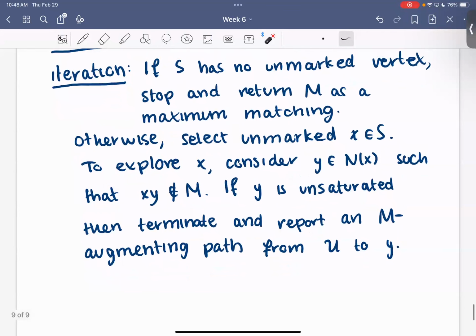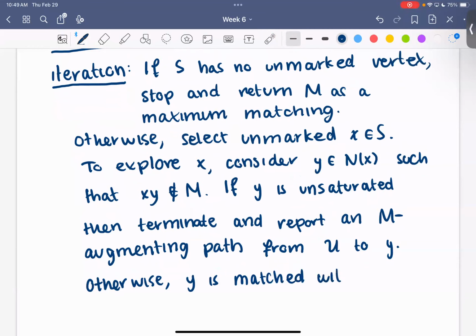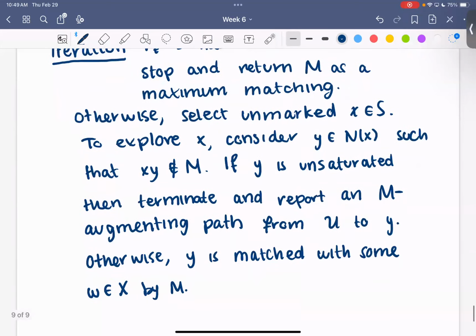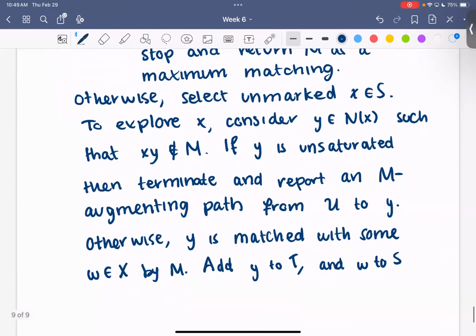Otherwise, Y is saturated, so it's matched to some W in X by M. So in that case, I'm going to add Y to T and W to S. And then after exploring all edges incident to X, then I will mark X off.